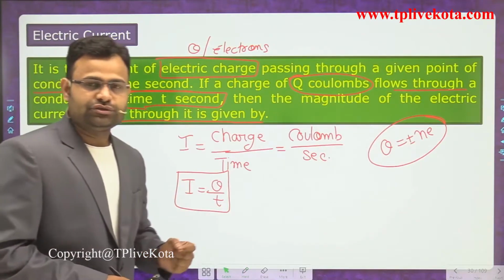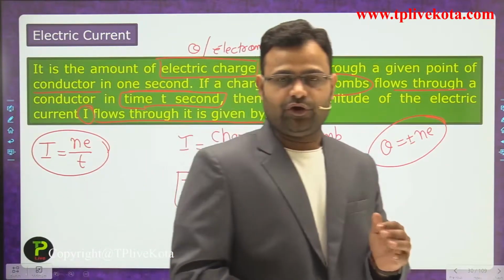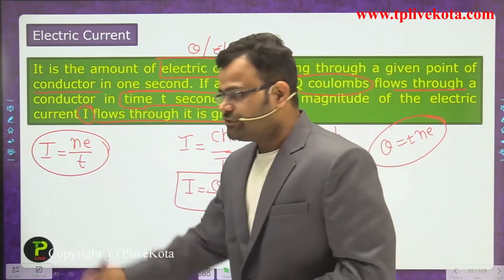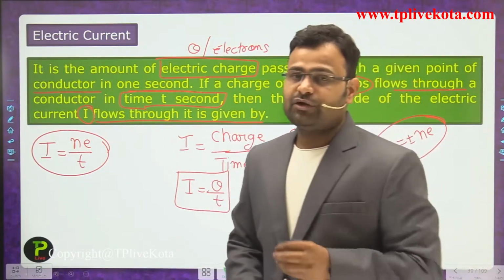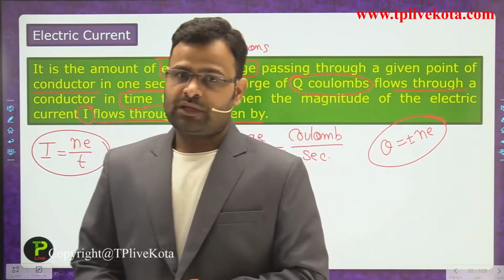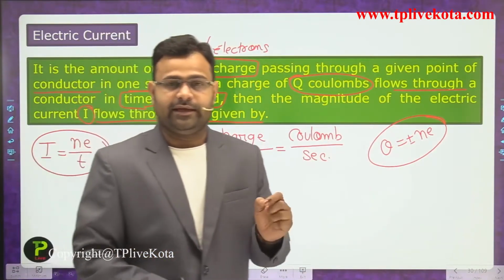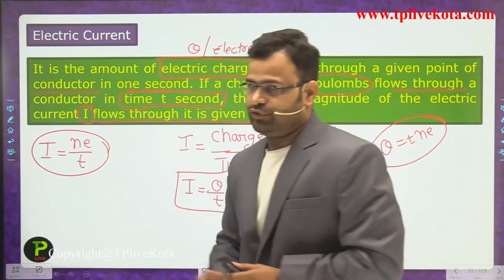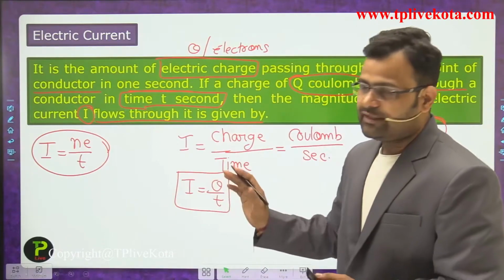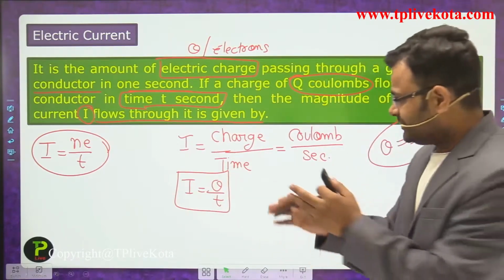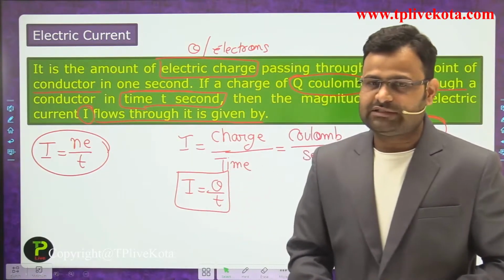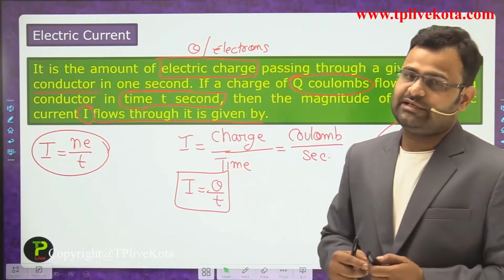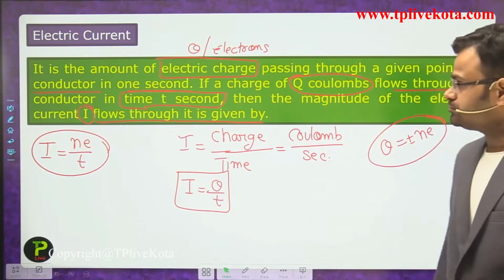The first formula is used when the charge is given in coulombs and time is taken in seconds. The second formula is used when we are talking about the number of electrons. If in any numerical we deal with the number of electrons, that time we use that formula. Okay students, so both give the same values. In one we discuss the charge in coulombs, and in the other we discuss the number of charge carriers, that is, the number of electrons.